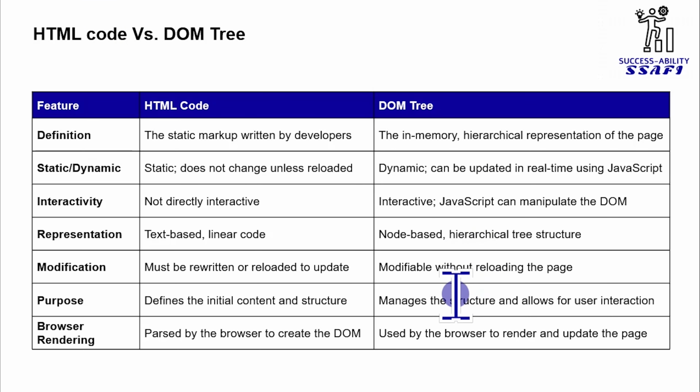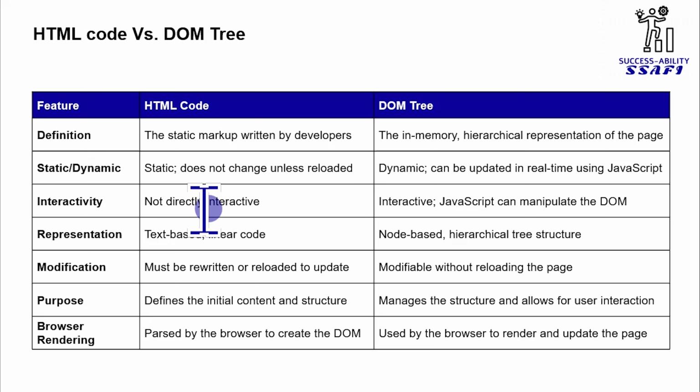Because we just had to look at the HTML code snippet versus the DOM tree that represents that code snippet, let's also take a look at this table because this is very important. HTML codes are often static markup, right? They are just text and code written by developers. Okay, so again, they are very static. They won't get updated very frequently, except if the page is reloaded or some new page is being replaced by the current one.